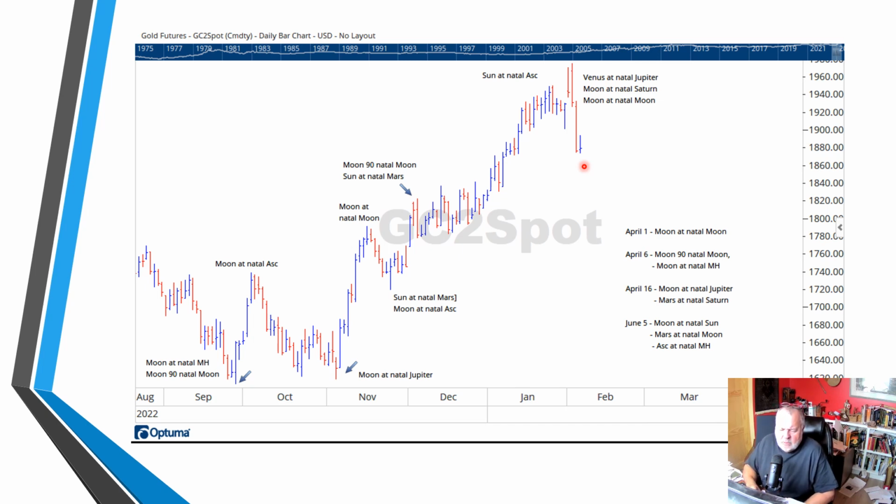And some of my other work that I've done on cyclicality shows that there is something also coming at us in April. So whether it's the war in Ukraine or something more bizarre, I don't know. I hope nothing. But I'm just a little on edge when I see these April events on gold and on silver.